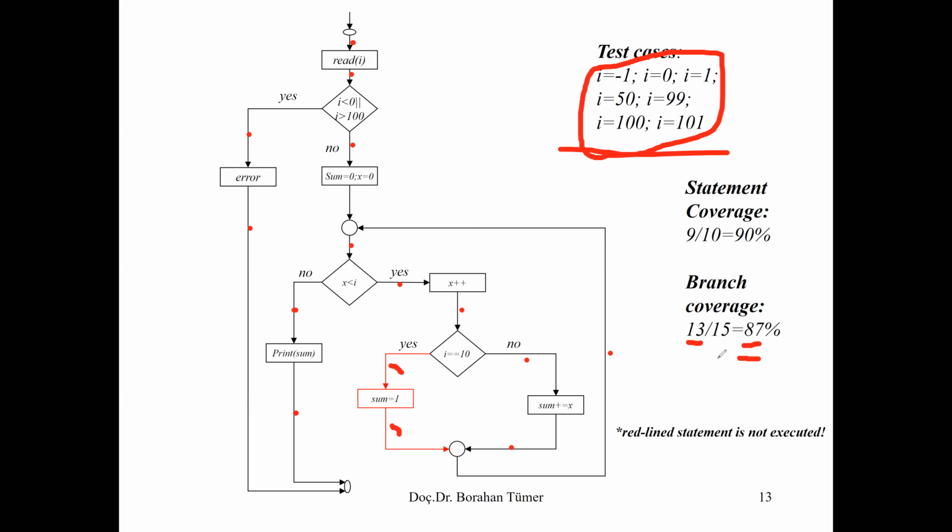This is not a full coverage criterion again. So what do I need? Can someone now give me a single test case that will make both the statement coverage and branch coverage criteria complete? I would like each of you to write me a test case from the chat panel that will make both the statement coverage and branch coverage criteria complete.